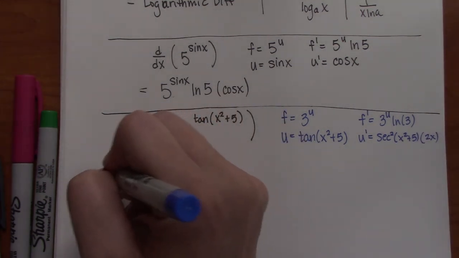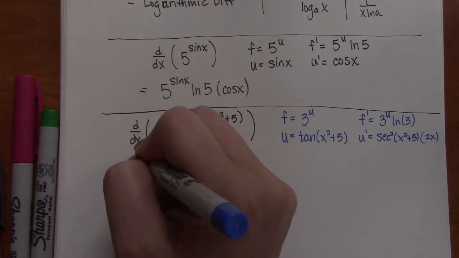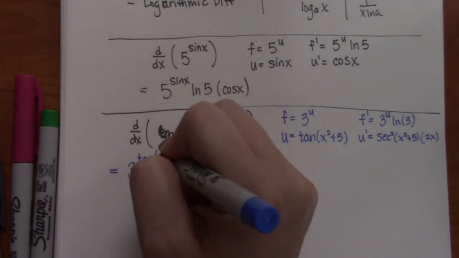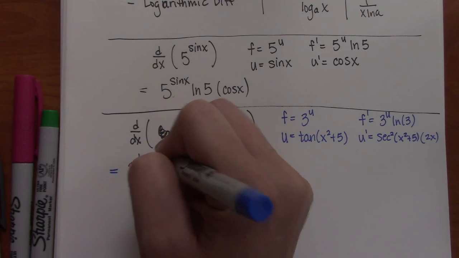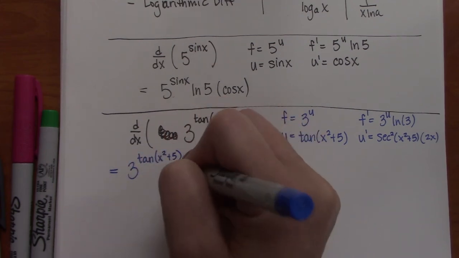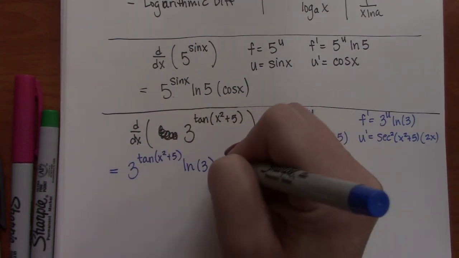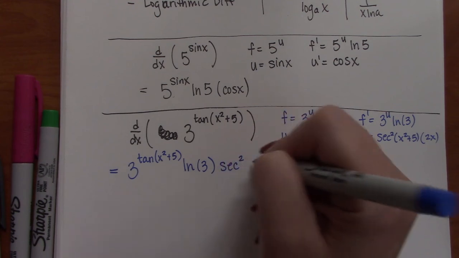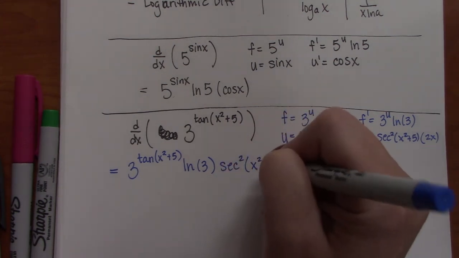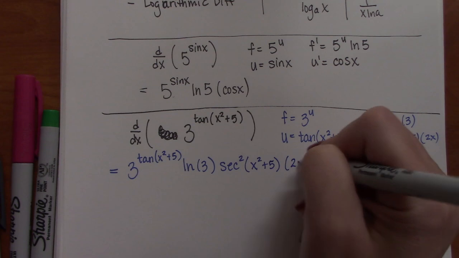So now the entire derivative is 3 to the tangent of x squared plus 5, ln of 3, times secant squared of x squared plus 5, times 2x.